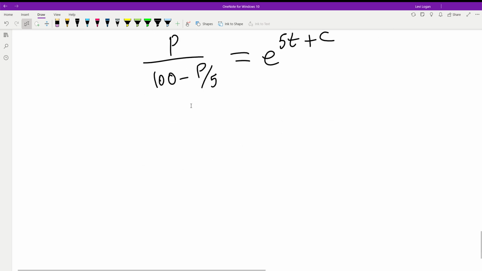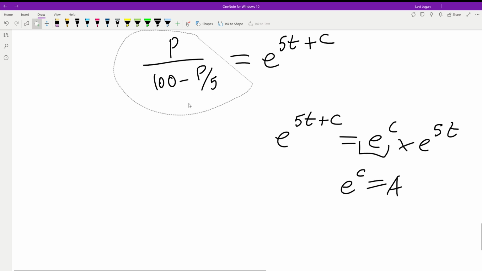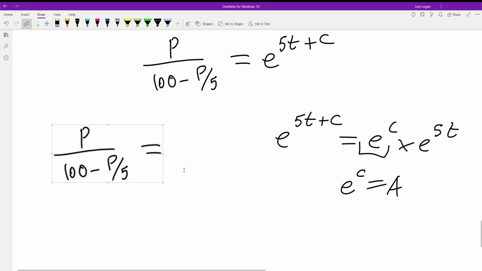Now what we can do here is e to the 5t plus c is the same as e^c times e to the 5t, and we can just write that as another constant. So we'll say e to the c is a, so we can just rewrite effectively that right hand side as a e^5t.